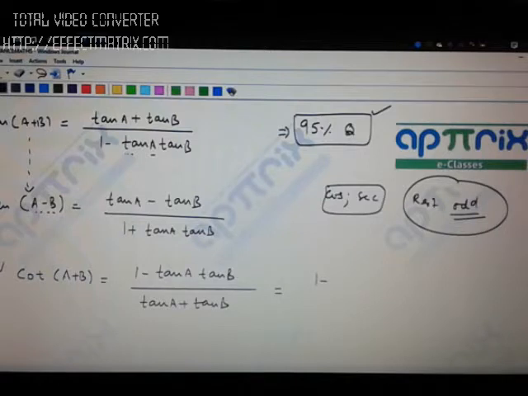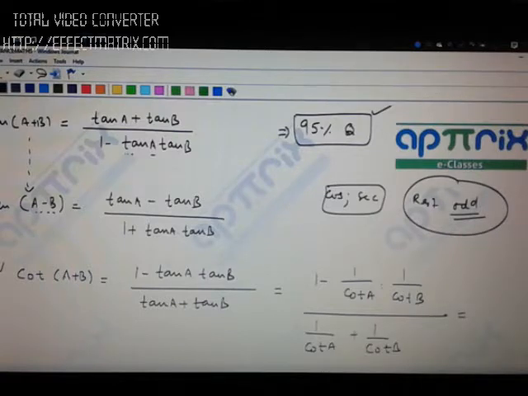So 1 minus 1 by cot A into 1 by cot B, divided by 1 by cot A plus 1 by cot B. And if you just simplify it, take the LCM and simplify, it will be cot A cot B minus 1 divided by cot A plus cot B. Correct or not?